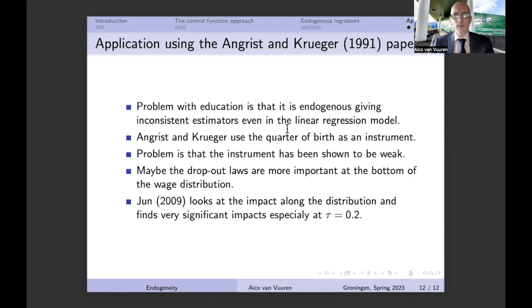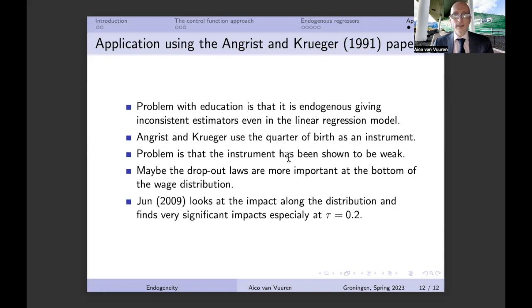And this was the reason why a lot of people just after the publication of this article had the idea that this was the best article in terms of trying to estimate the returns to education. However, after that, a lot of people realized that this might not be such a great idea. The reason behind that is that the relationship between education and the quarter of birth may actually be very weak.